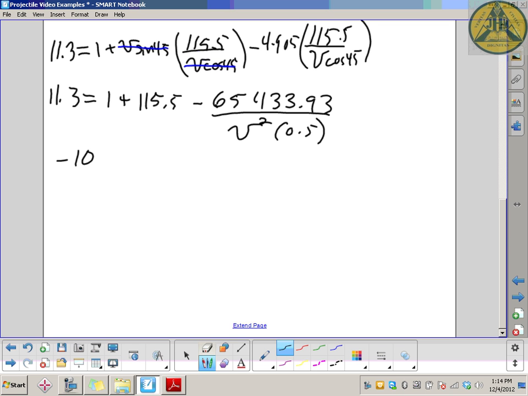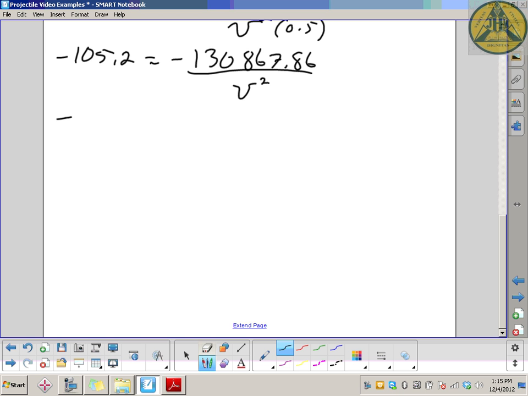Hey, what's a negative 105.2 on the left equals negative 65,433.93 divided by a half, 130,867.86 over v squared. Cross multiply, 105.2 v squared equals negative 130,867.86.